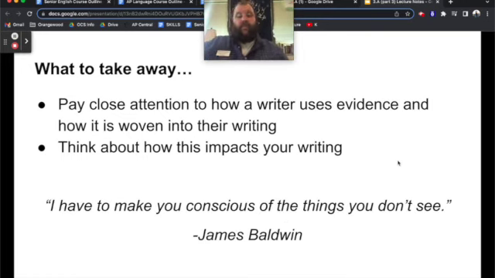So James Baldwin, one of my favorite authors really of all time, he said this: "I have to make you conscious of the things you don't see." That's what we're trying to do as writers, right? We are taking our readers and we are pointing out things to them that maybe they have never considered.